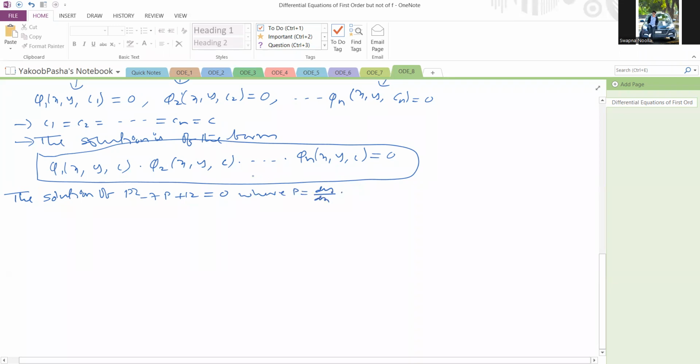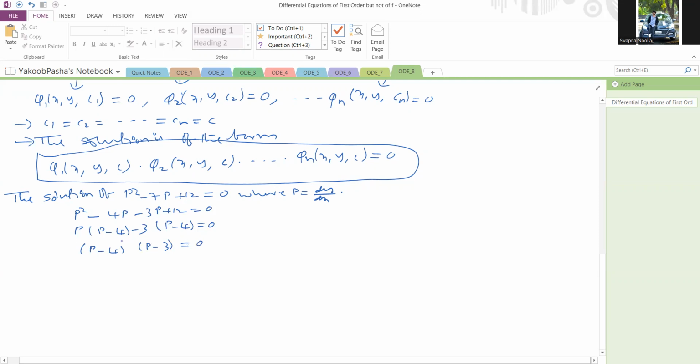Clearly, it is an equation which is solvable for p. So we have to factorize this. That means we can write it as p square minus 4p minus 3p plus 12 equal to 0. Taking p common and minus 3 common, p minus 4 into p minus 3 is equal to 0.